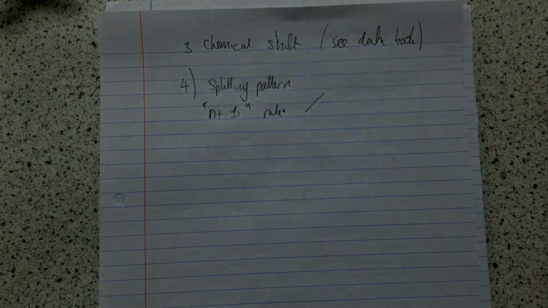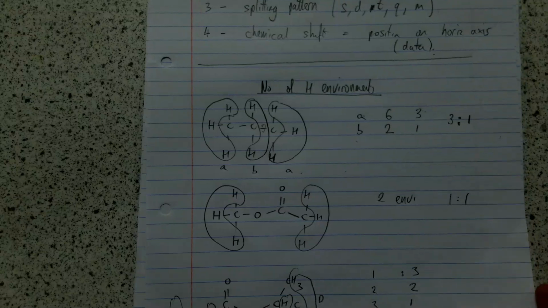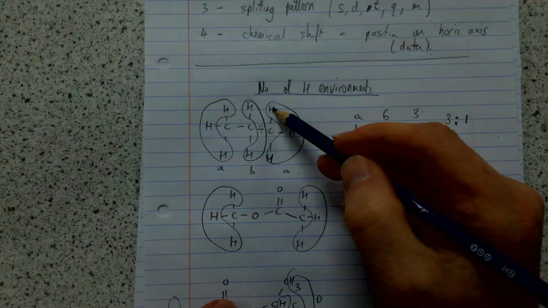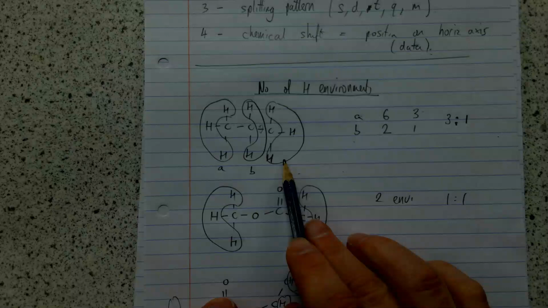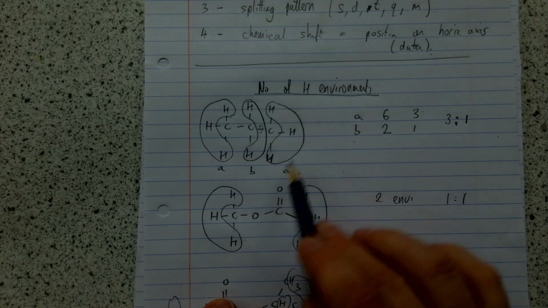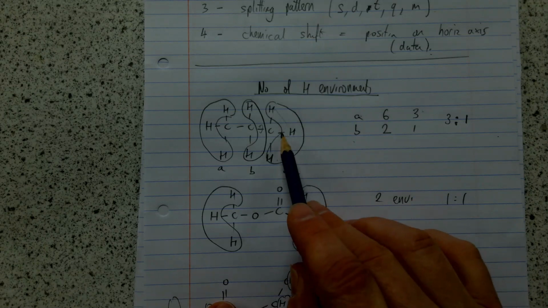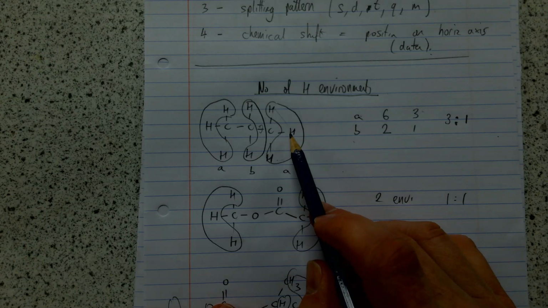So let's go back to some of those molecules I drew before, and I'll write down how you do it. To work out the splitting pattern, I'm interested in peak A, which is an alkyl CH3 at 0.9 thereabouts, and there's 6 of them. You look at the number of hydrogens on the adjacent carbon.